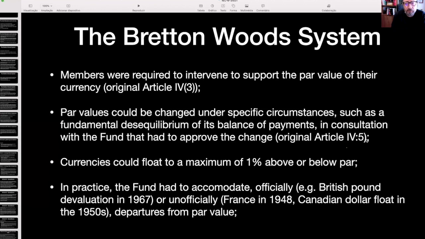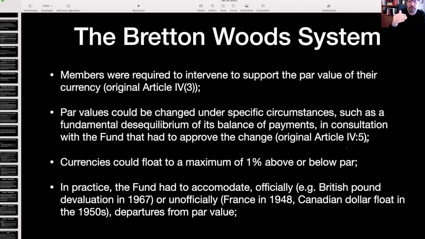Now, although the system operated as one of stable exchange rates, it was not a system of fixed exchange rates. If you think, for instance, of the euro, when the euro was created, there was a fixed exchange rate system. That is to say, Portuguese escudos would be traded for euros at a fixed rate of 200 escudos, 0.481 or something like that per euro.